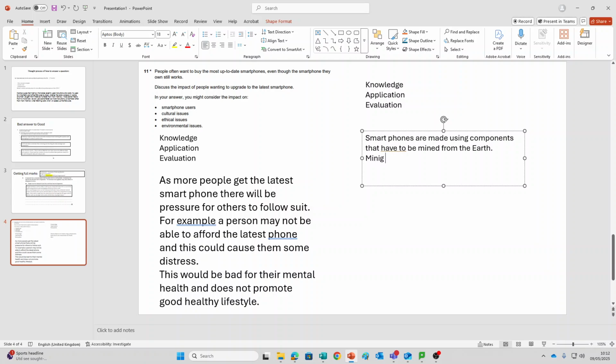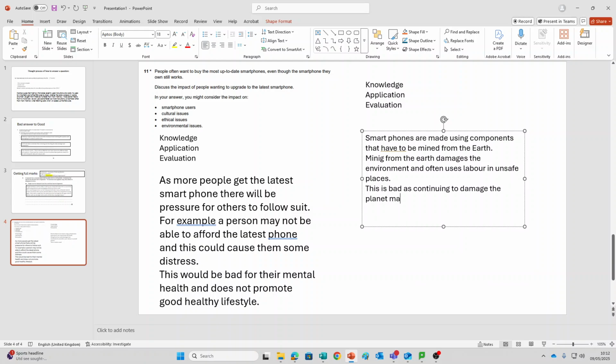Then I'm going to do: mining from the earth damages the environment, and often uses labour in unsafe places. This is bad as continuing to damage the planet will eventually cause loss of life to animals and humans, or something like that.